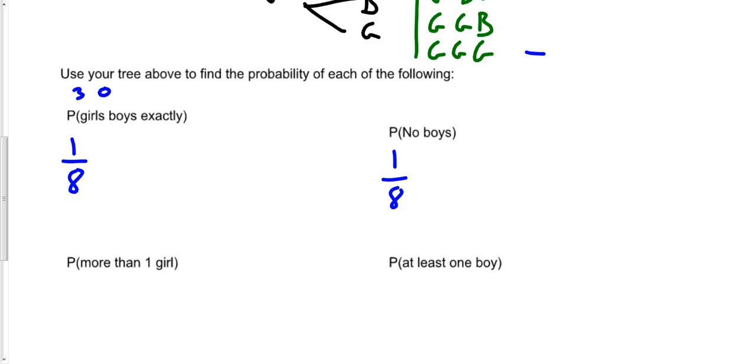Okay, actually let's change this first one just to make it a little easier for ourselves. Let's say, for example, in the first one that we want to have one girl and two boys.